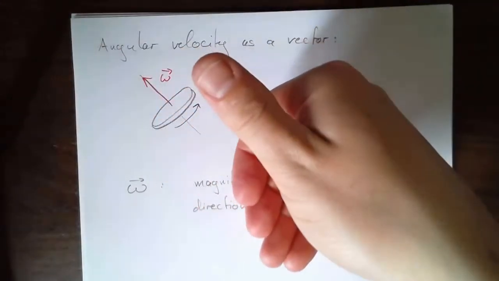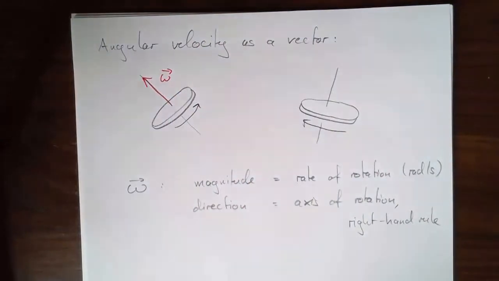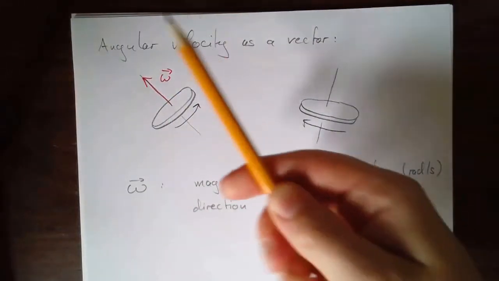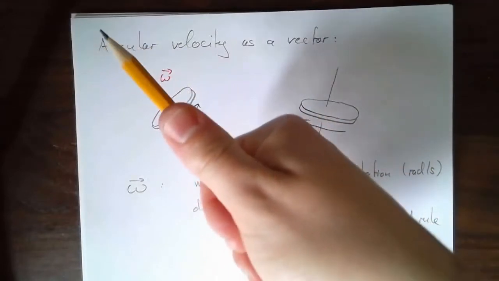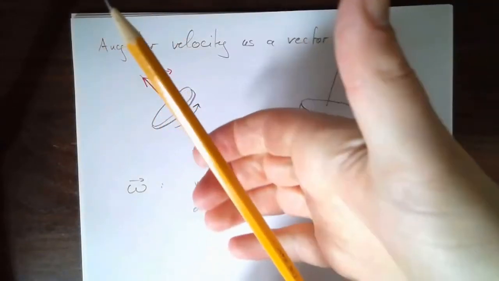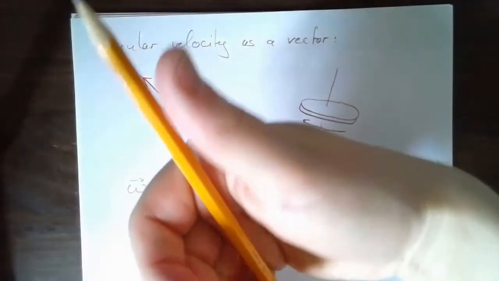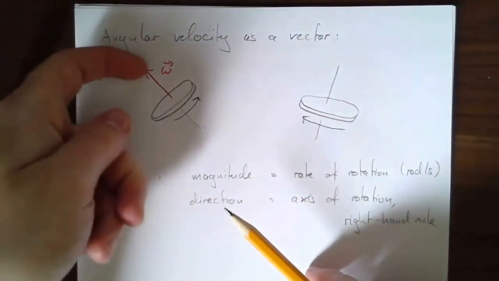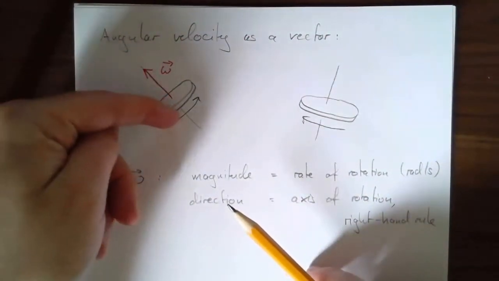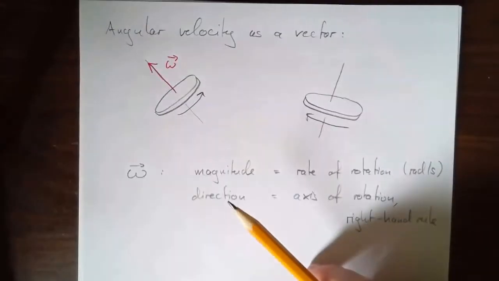The way they curl around is the direction of rotation. It can be more easily seen if you take a pencil, and I put my thumb in the direction of the pencil, and then my fingers curl around like this. So if I look towards the point, the fingers go around counterclockwise. So imagine you look towards this point from up here, you'd see a counterclockwise rotation.